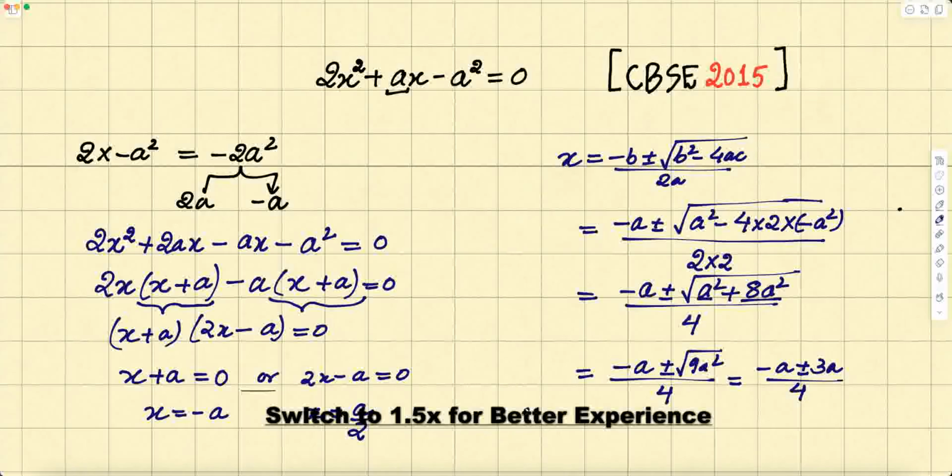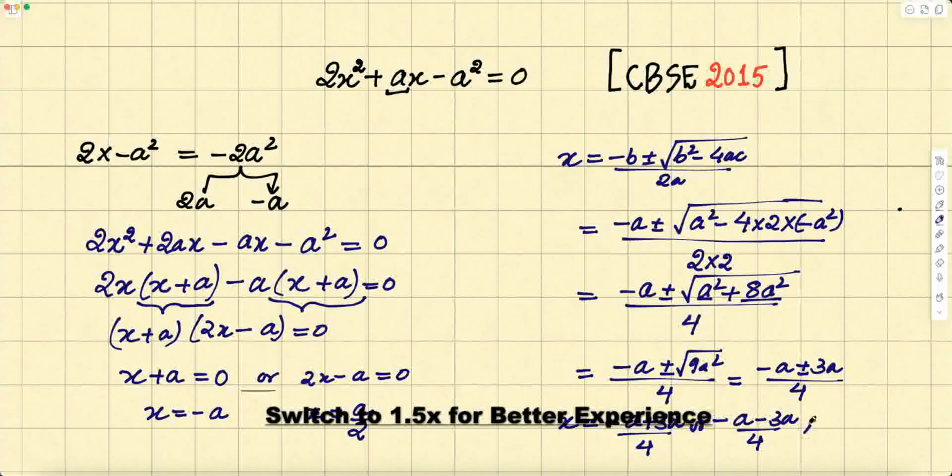So we can take the two forms. First one, either you can take the value of x as minus a plus 3a, divided by 4. And the second one we can write as minus a minus 3a, divided by 4. So the first one, you will get as 2a by 4. And the second one, you will get as minus 4a by 4.